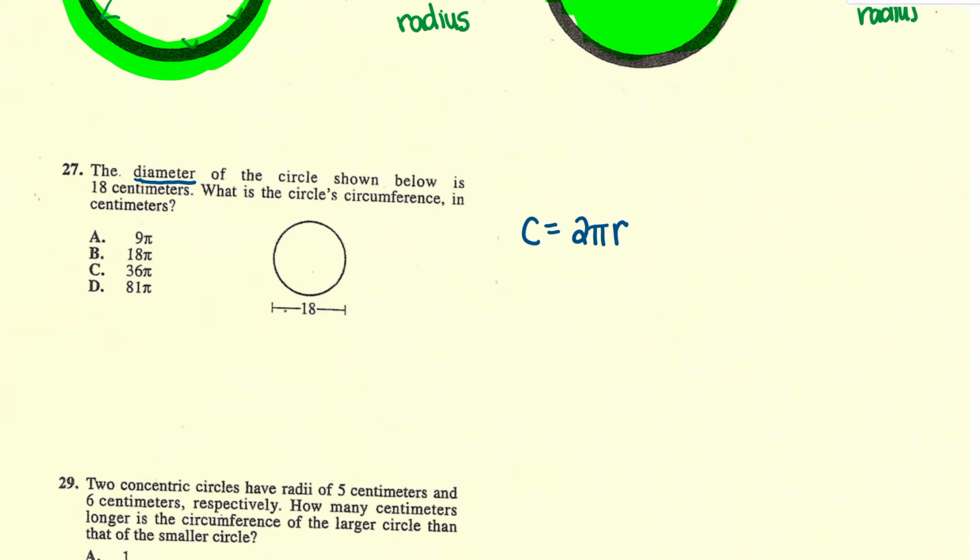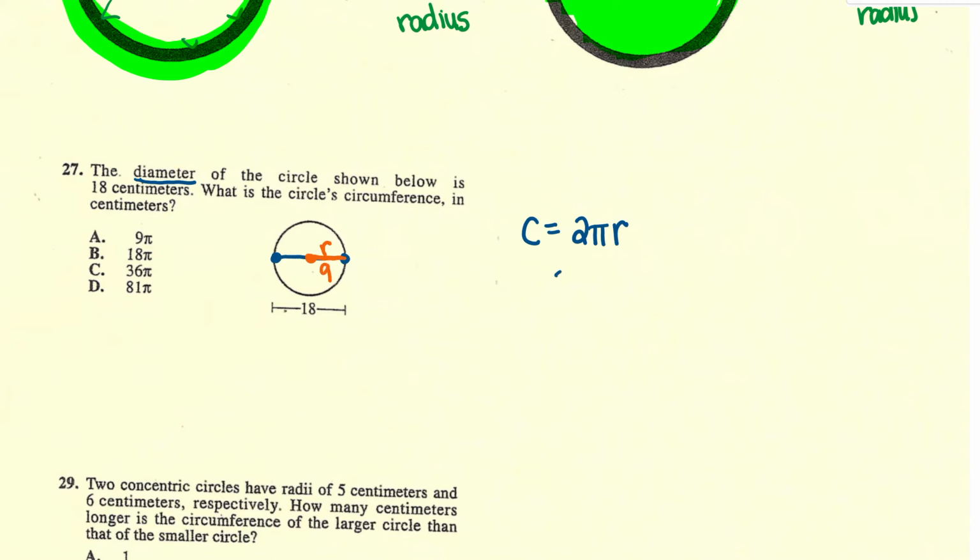Now the diameter, and that's what this 18 is, goes from edge to edge. It's like the equator of the earth. So the radius would be half of the diameter. That's the relationship between radius and diameter. So if this whole thing is 18, then the radius is 9.